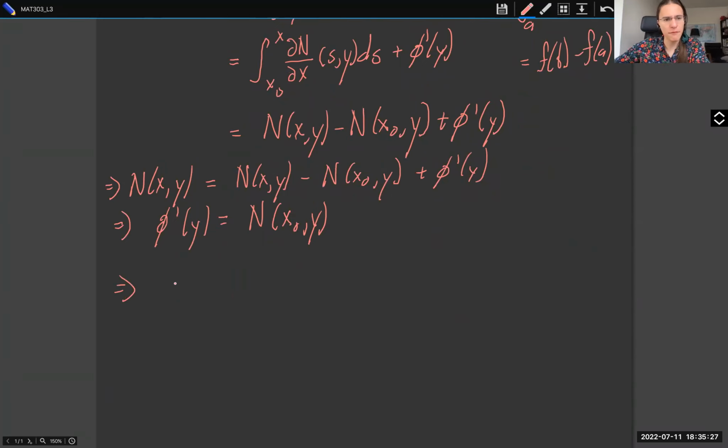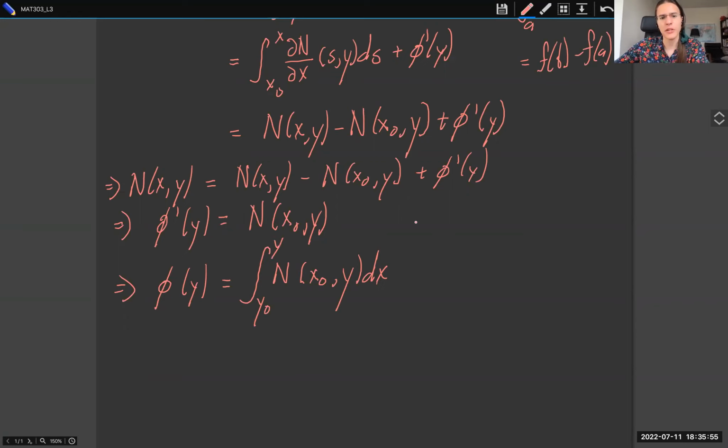Therefore, it follows that phi is given by, now this x naught is just a constant, so it's given by integrating n of x naught comma y dx. And since we actually want to put a concrete number on this, let's say we're going to integrate from y naught to y.